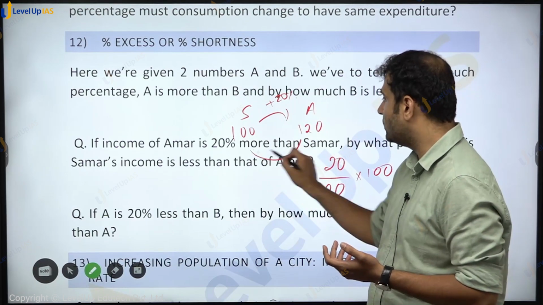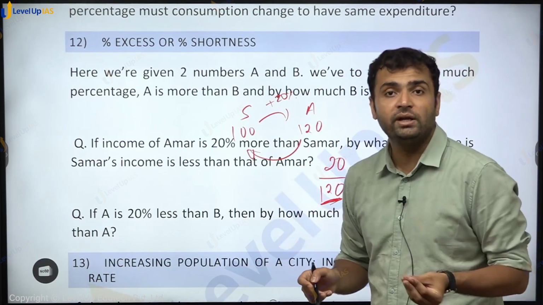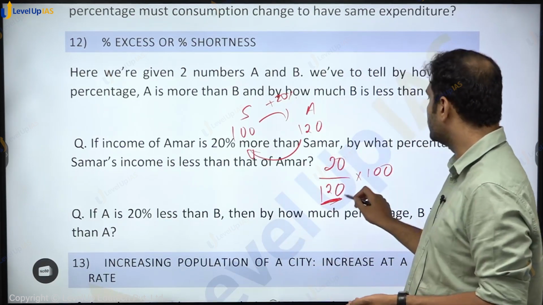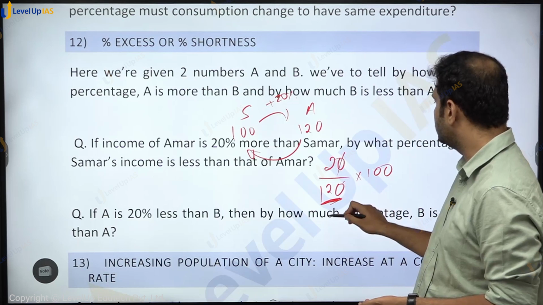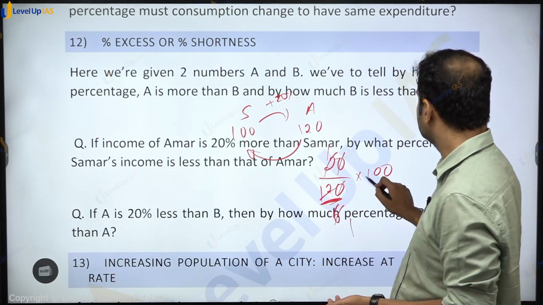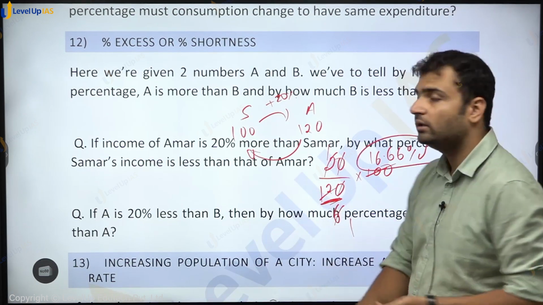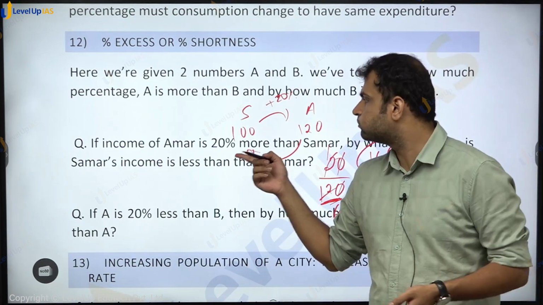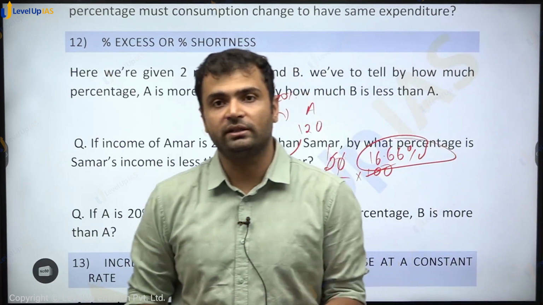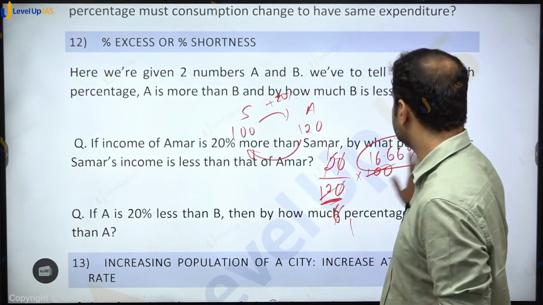But here it is not minus 20%, because 20% of 120 is not 20, it is 24. So this is going to be the answer: 0 we can cut, and we get 1 by 6. So it is 16.66%. Samar's income is 16.66% less than that of Amar. That is going to be the answer. We just have to change the base. And this is how you change the base.